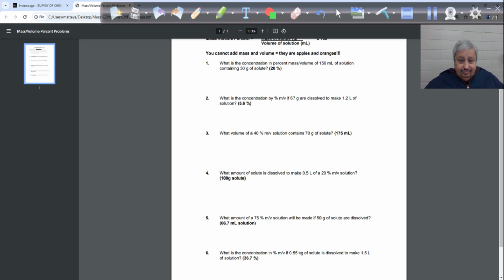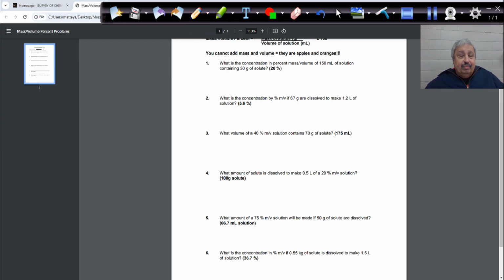The sub-formulas are given to you in 3 and 4. One I can use to get the volume, the other to get the mass. So I will take 3, and 4 is redundant, but that's another sub-formula.